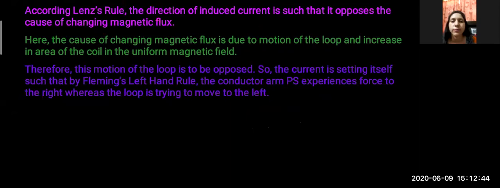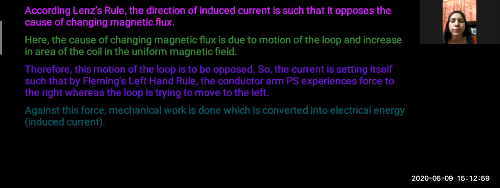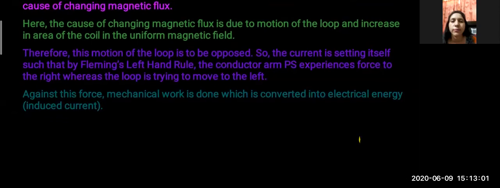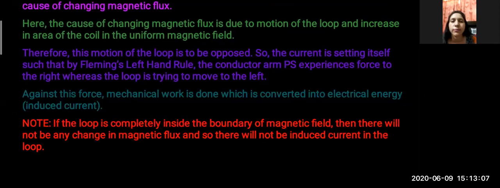So the current sets itself such that, by Fleming's left-hand rule, the conductor RPS experiences a force to the right, whereas the loop is trying to move left. So against this force, mechanical work is done, which is converted into electrical energy, the induced current.